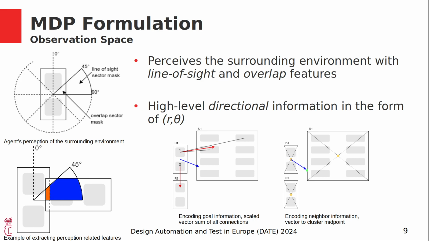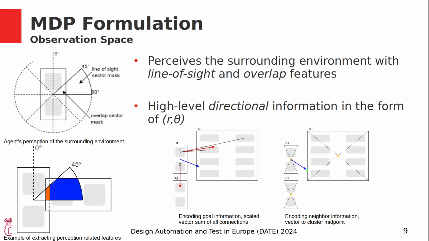The perception information is captured using a set of masks derived from a circle centered around the current component. Half of the features contain information related to overlap, while the remainder describe non-overlapping objects that fall within the circle's area. The direction information is derived in the form of r-theta vectors computed directly from the netlist.